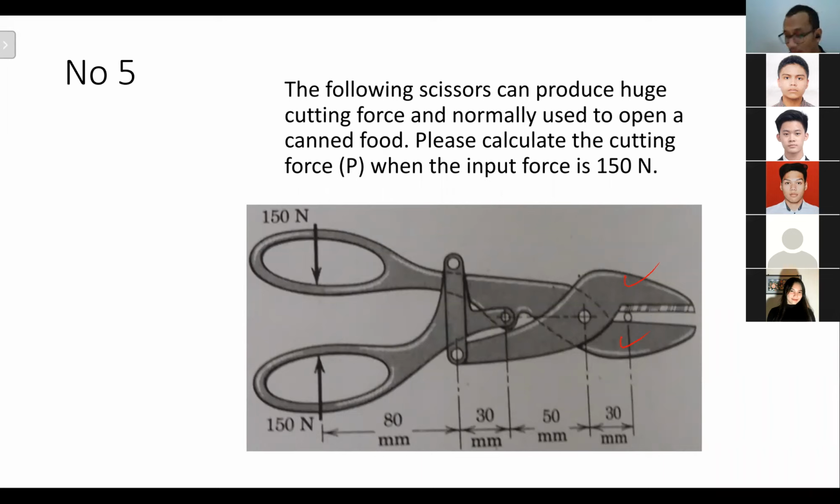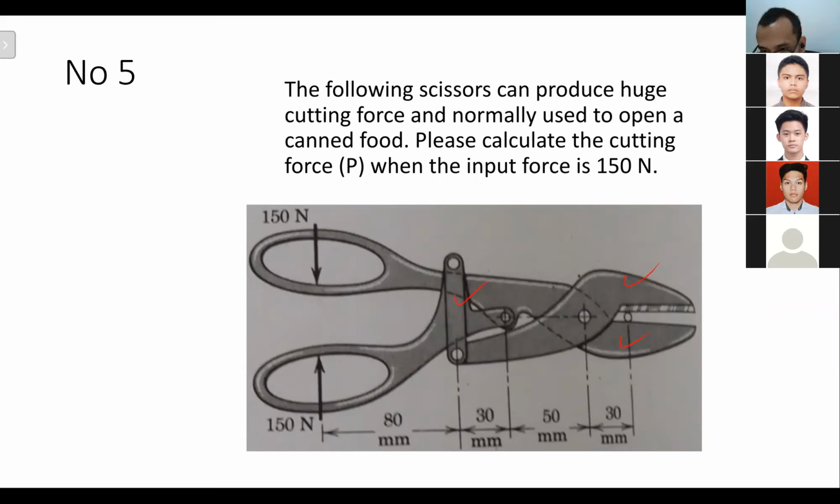No, this one will be exactly the same. The upper one and the bottom one will give exactly the same P force, cutting force. Yes. And also for the two force member, does it affect the upper part of the scissor or only the bottom part?